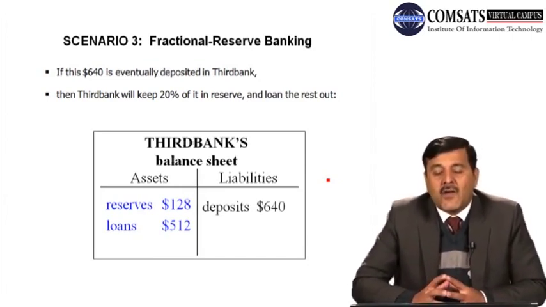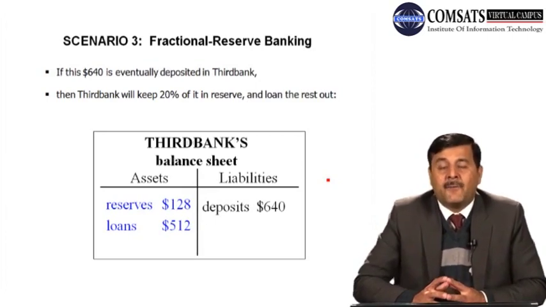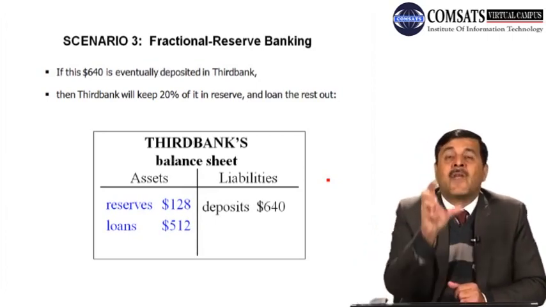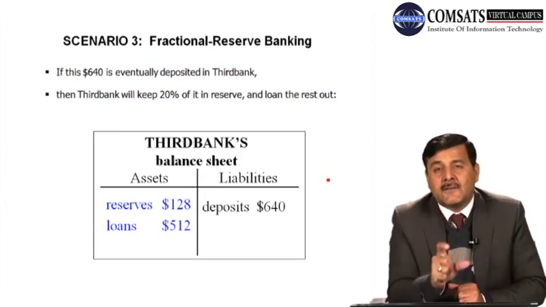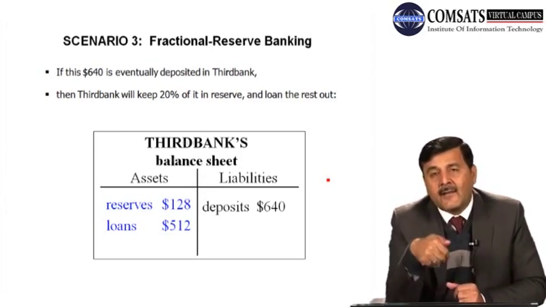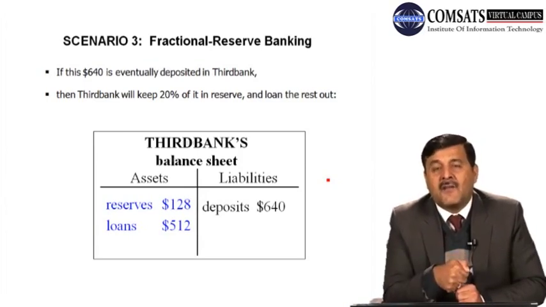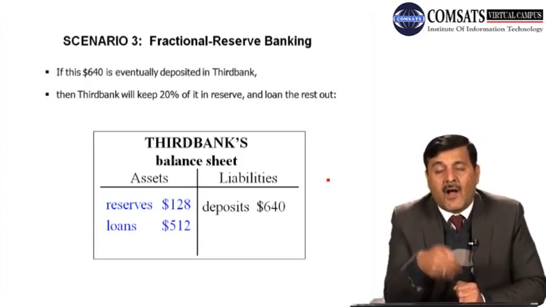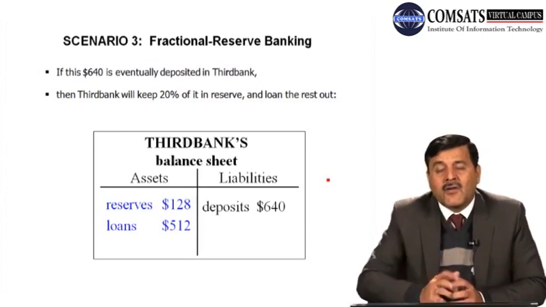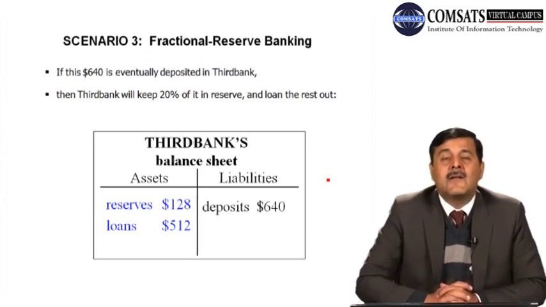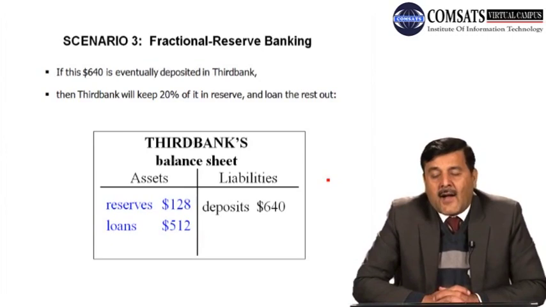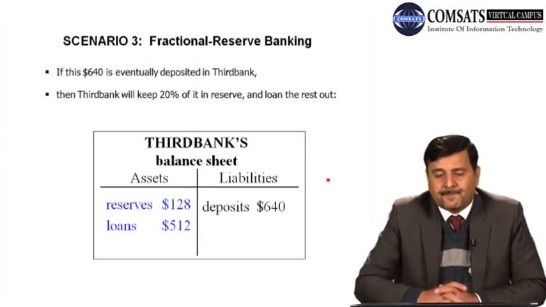It is almost $128 as a reserve. The third bank will keep $128 as a reserve of $640, and extend a loan to the tune of $512, which is 80% of the deposits. The total liabilities of the third bank are $640.